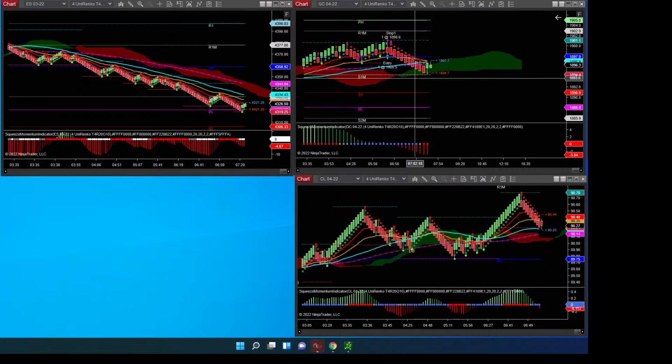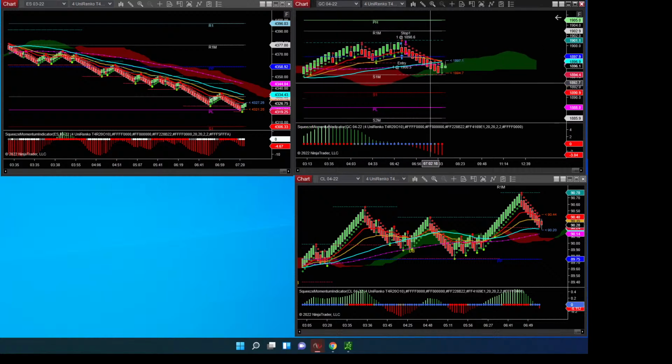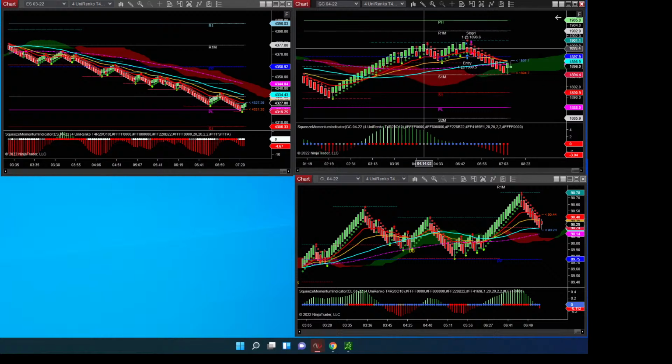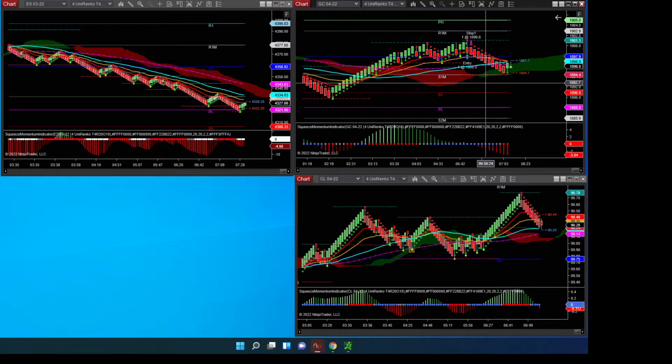So it seems that there was a setup here, but it's below the moving averages, so it's not really a setup. It's a lower high than this one here, so that would put it in a bearish mood. So we'll see if it breaks below this support here and keeps moving down.